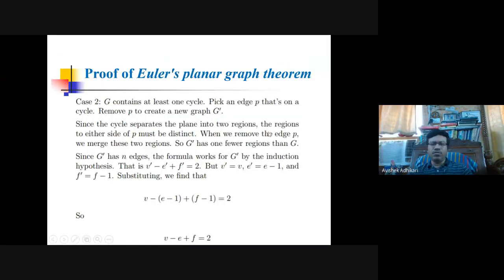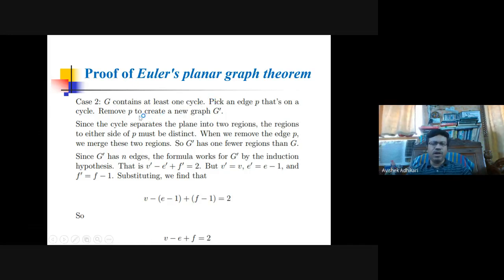When we remove the edge P, we merge these two regions. So G dash has one fewer region than G. We started with a graph G that has say F many regions.